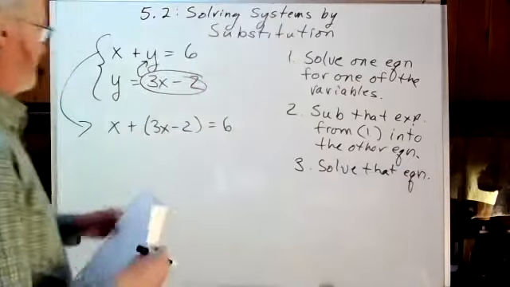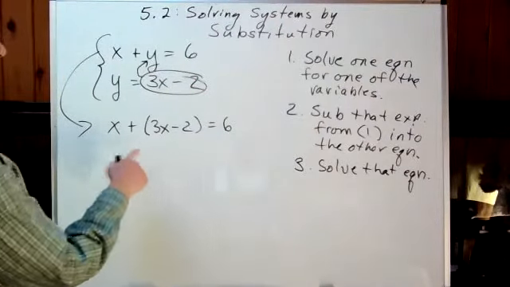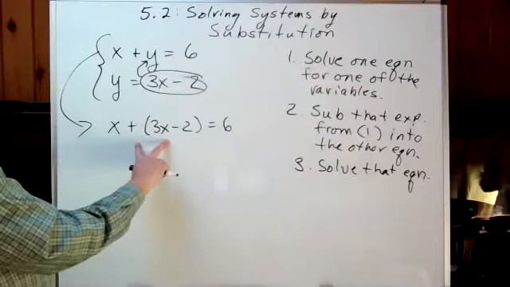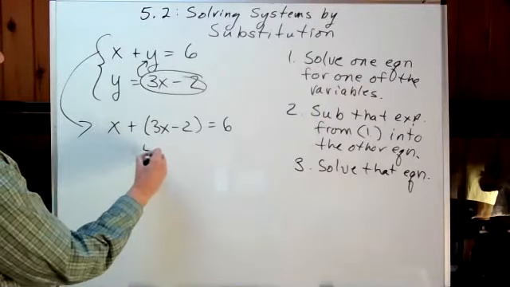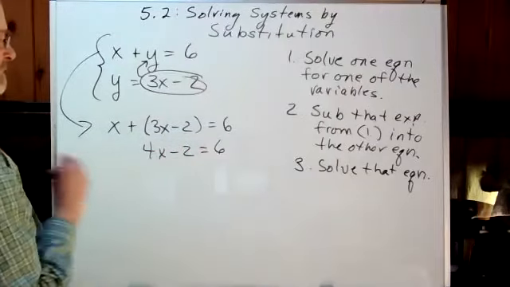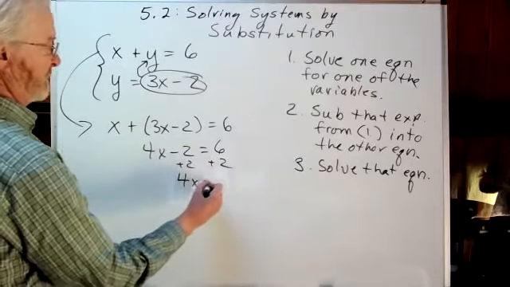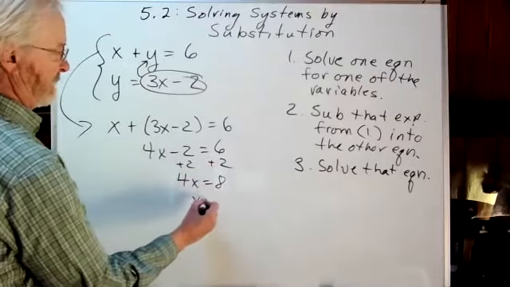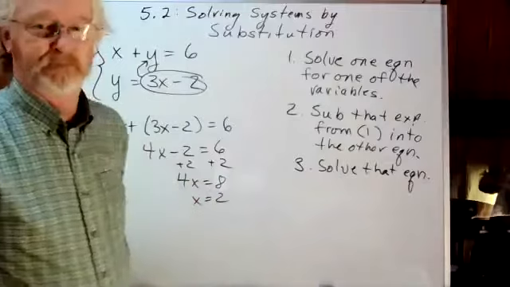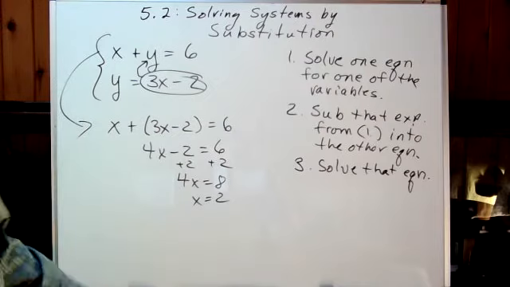So what do I get here? There's no parentheses. I now have 4x minus 2 equals 6. Add the 2. 4x equals 8. Divide by the 4. The x must be a 2. So I've solved that. The x that's going to work for those 2 has got to be a 2.